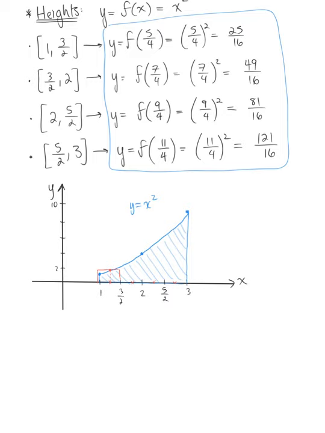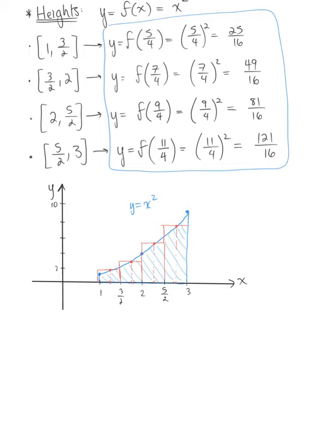So there's your first rectangle in interval 1. Here is the second rectangle in interval number 2. Here is the third rectangle in that interval number 3. And last but not least, there is our fourth rectangle in that fourth interval.